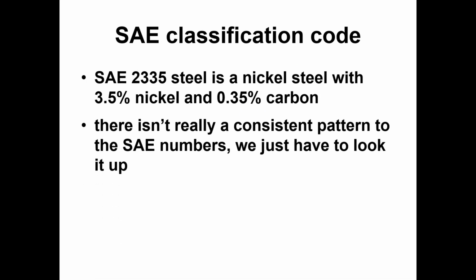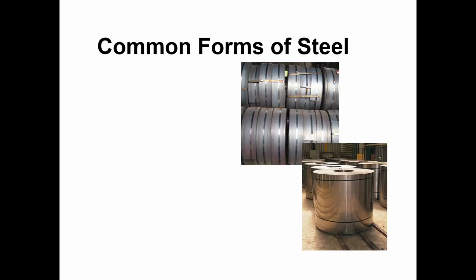I don't expect you to memorize it. Just want you to know that something like that exists. For example, SAE 2335 steel is 3.5% nickel and 0.35% carbon. Most people don't have this memorized. You just need to look it up.